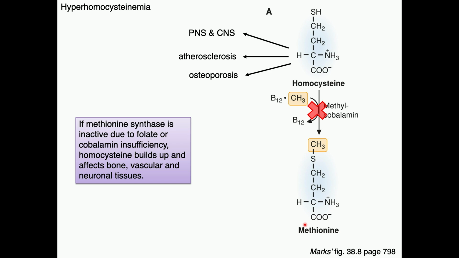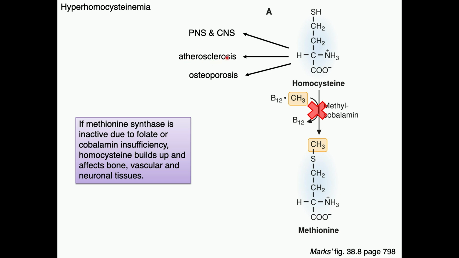Okay, so if that methionine synthase activity is corrupted, either because of a lack of vitamin B12 or due to an inherited mutation or due to a folate deficiency, for example, the homocysteine will build up, and this buildup can have effects on neuronal tissue and also on bone formation and also on vascular metabolism.